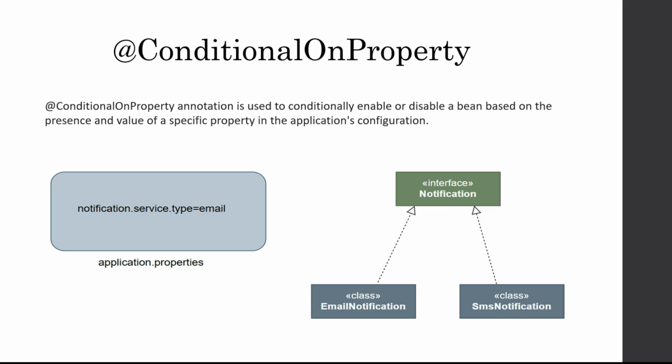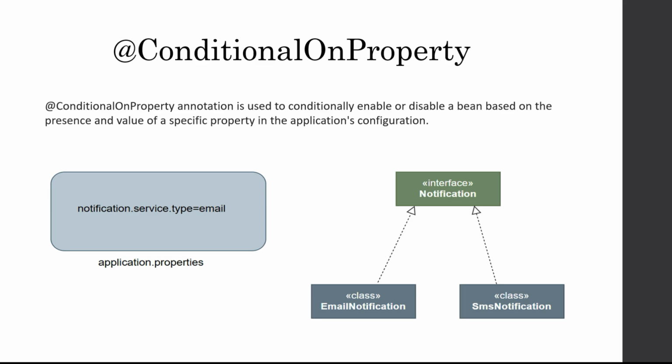In the conditional on property annotation, we need to provide the name of the property which we want to read from the application.properties file, and we also need to provide the expected value of the property. At runtime, this annotation will read the value of the property from the application.properties file, and then it will match the value from the property file with the expected value.